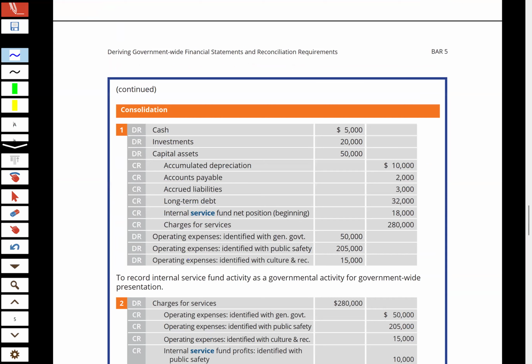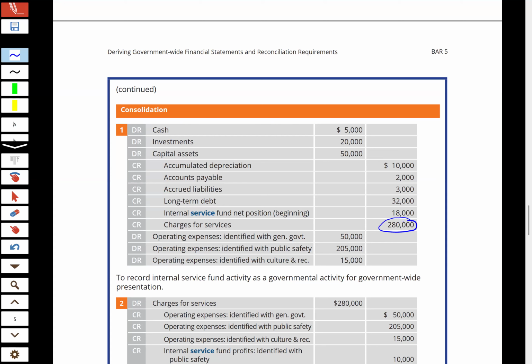So we're taking information now to fold it into the government-wide by debiting the cash investments for government-wide purposes, because we're not going to report a separate statement for our internal service funds. So we're essentially, in a way, eliminating the internal service fund and folding it into the governmental activities at the government-wide level.